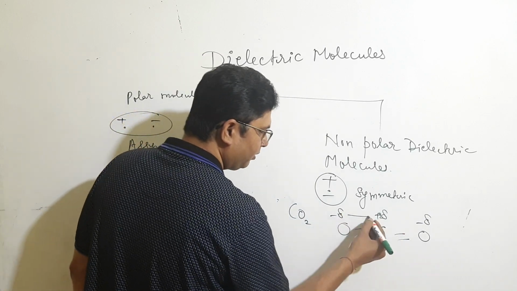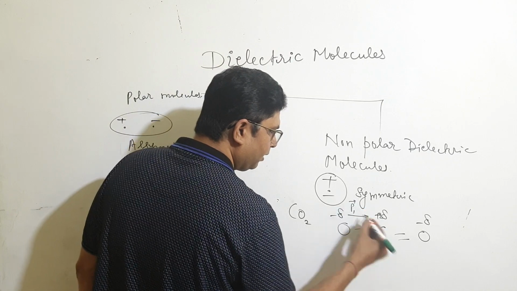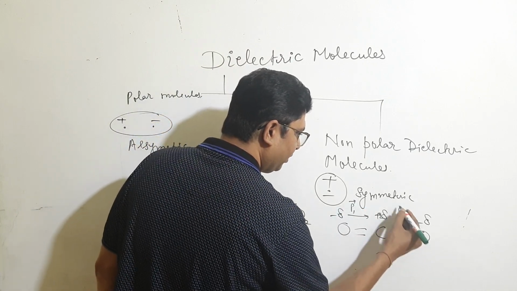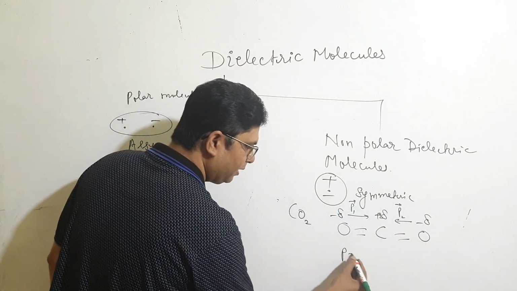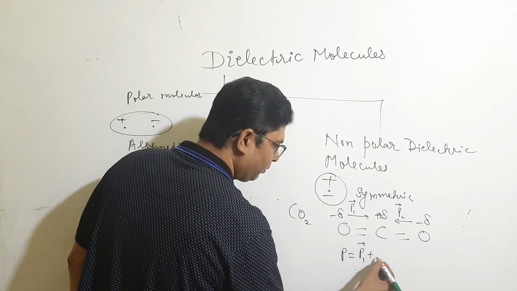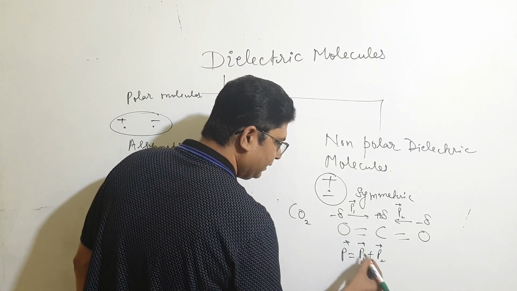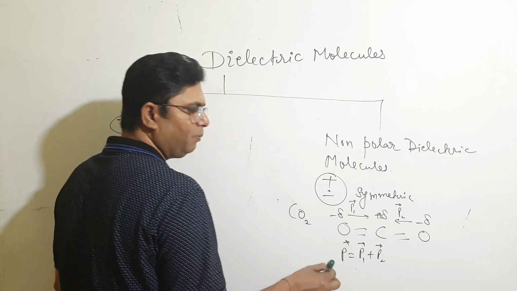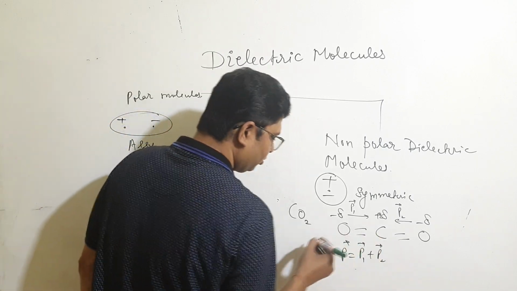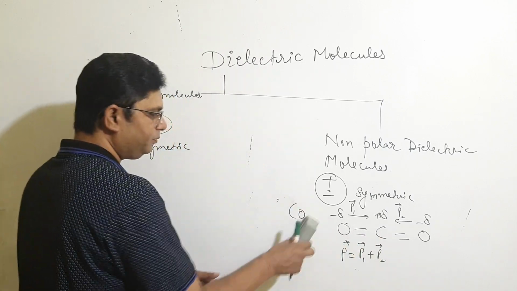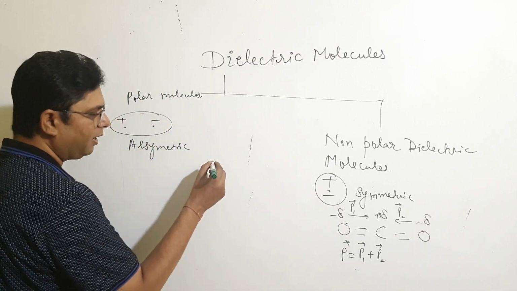From minus to plus we have P1. From minus to plus we have P2. So we have resultant P equals P1 plus P2, and the magnitudes of P1 and P2 are the same.